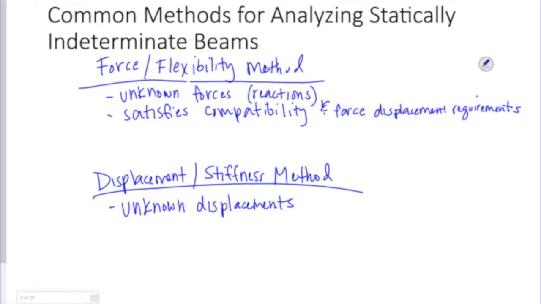Whereas the displacement or stiffness method satisfies equilibrium. Right, it focuses on forces instead of displacements. And to satisfy equilibrium, and also the force displacement requirements.